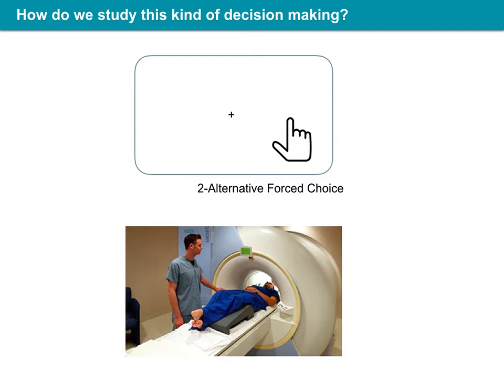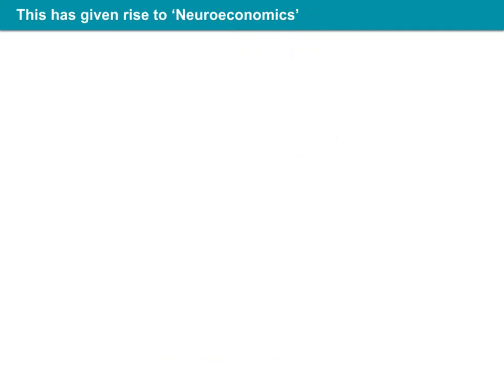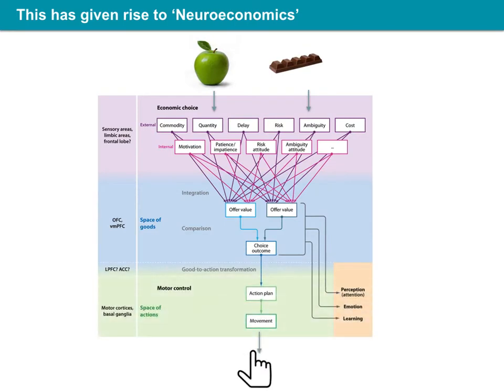And we can also take models that we know describe the value of those different items, for instance from economics, and use those as regressors to explain activity that we see in the brain whilst those choices are being made. And so this, of course, has given rise to this field that's been referred to as neuroeconomics, where the decision theory borrowed from economics is used to explain neural activity.